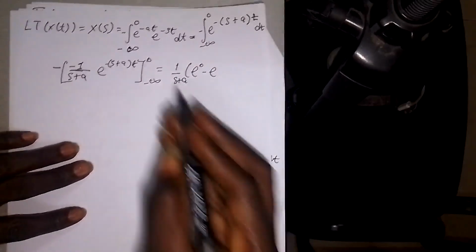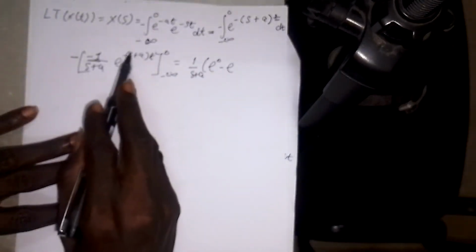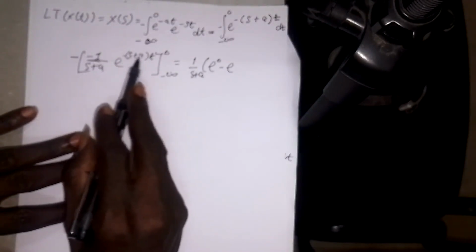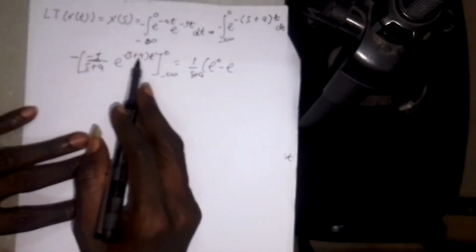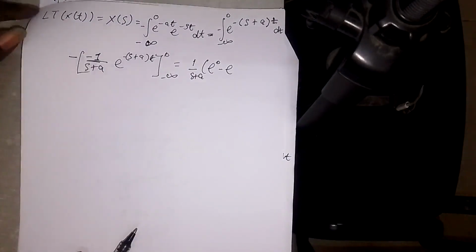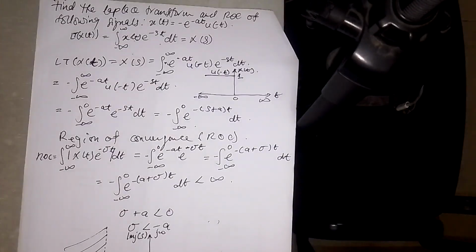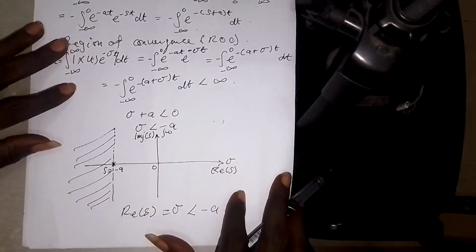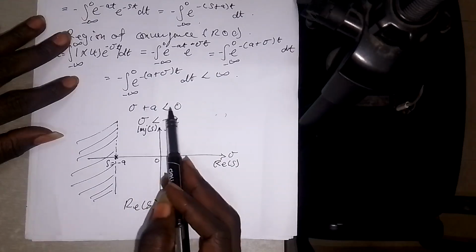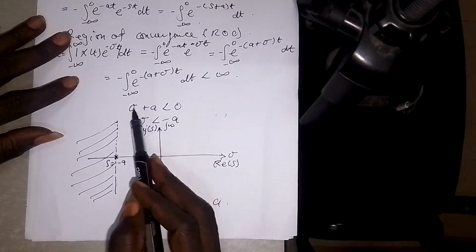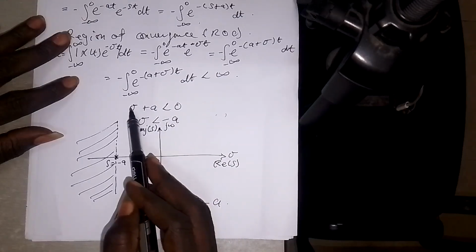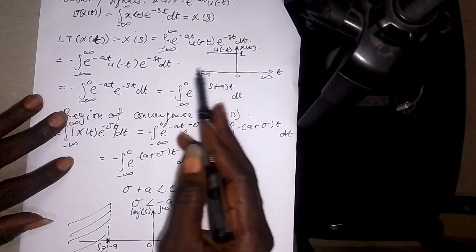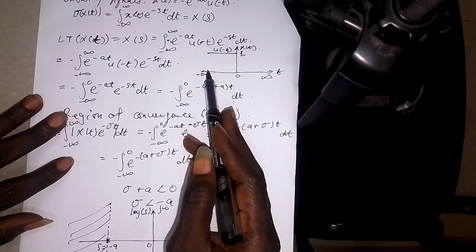The lower limit here is negative, and this s plus a is also negative. I call it negative because from here we said that s plus a is less than 0, meaning s plus a is negative, and our graph lies in the negative region of the x-axis.